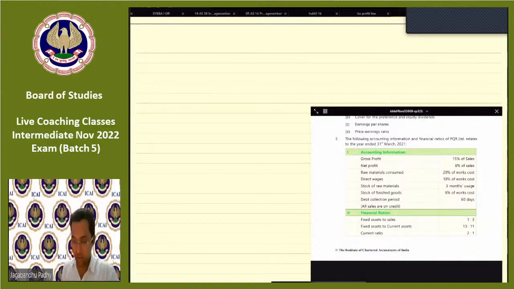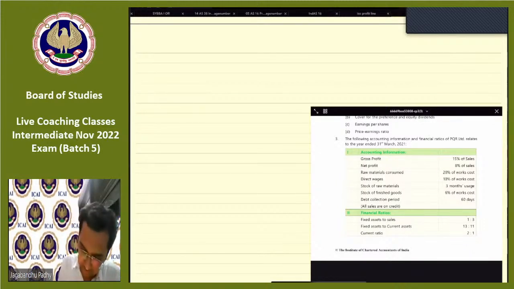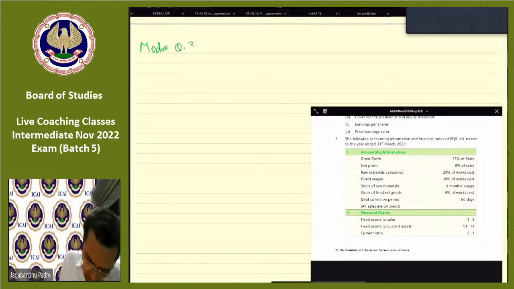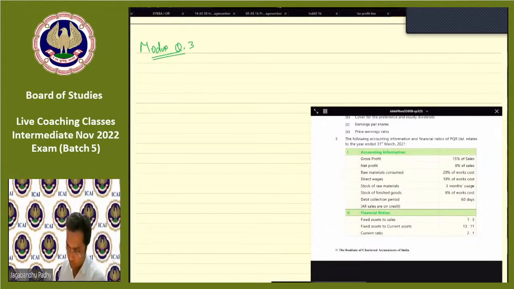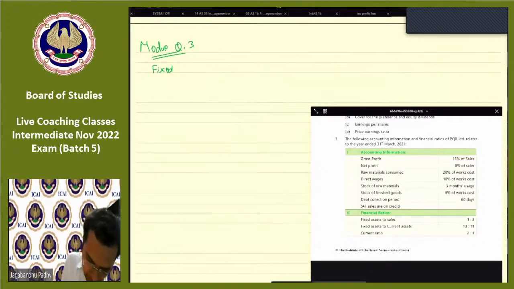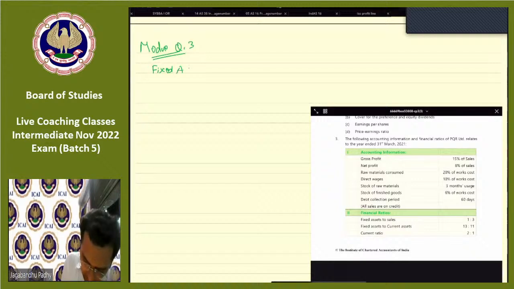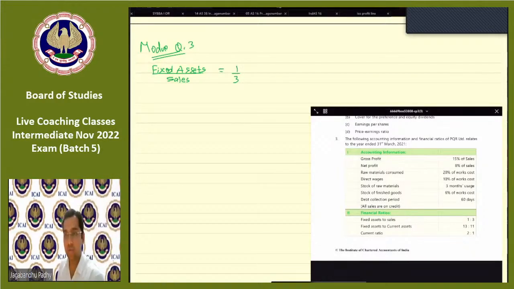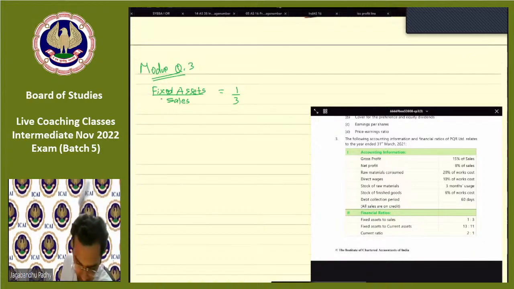So let's use that first ratio, which is question 3. We'll use the ratio of fixed asset to sales. Fixed assets to sales. That is basically 1:3. The fixed asset is 26 lakh.